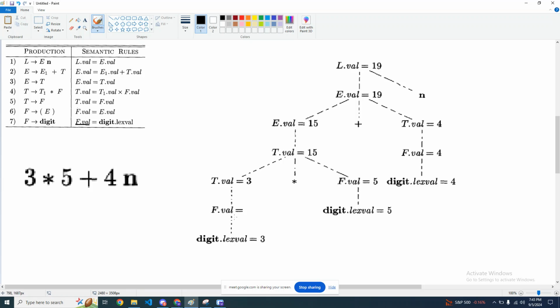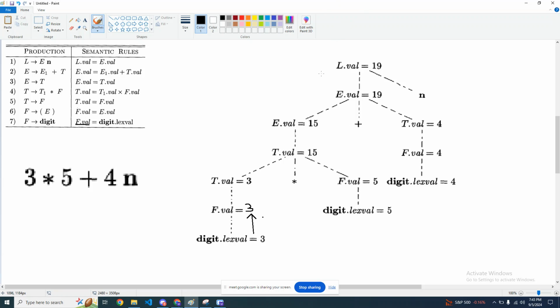So we draw an arrow from digit dot lexval pointing to F dot val, and the value is 3, so we write 3 here.